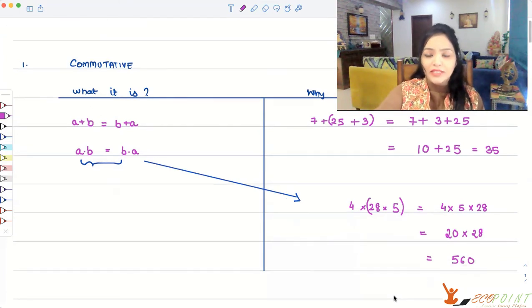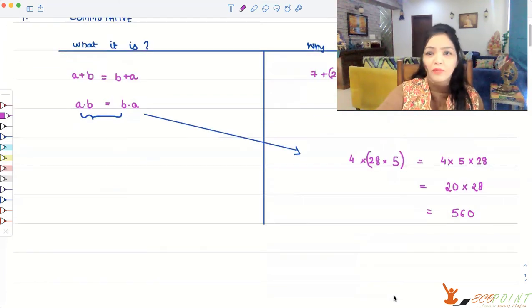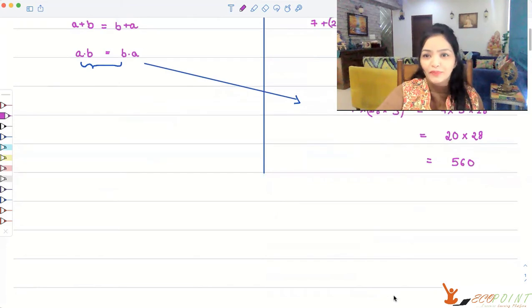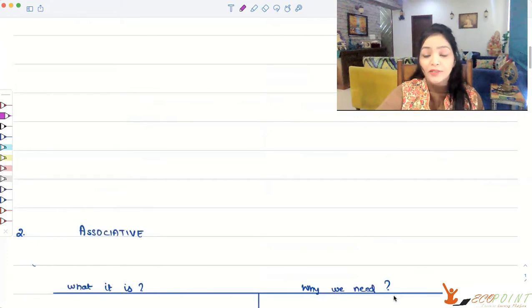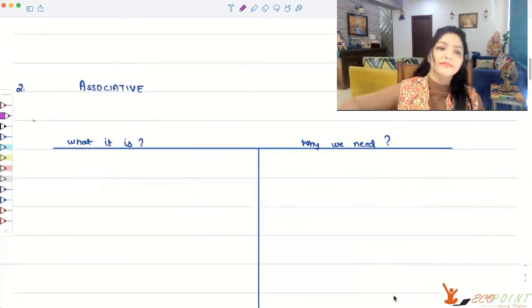Something that we have used here, inbuilt, is called the property of associativity. If you understand the property of commutativity, it's easy to understand the property of associativity. Now, real numbers are associative.